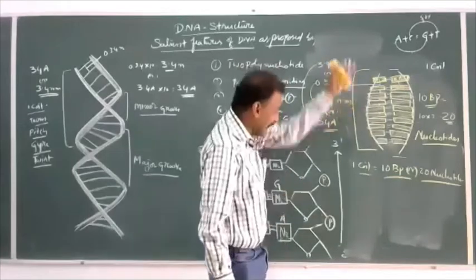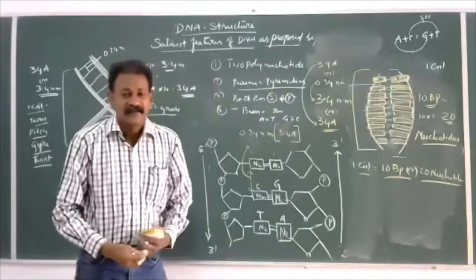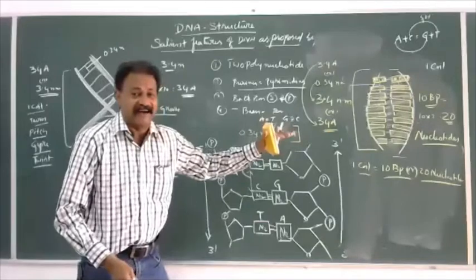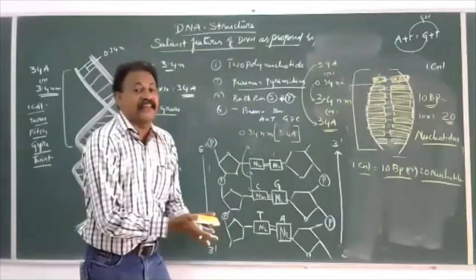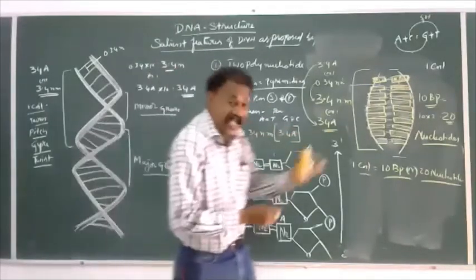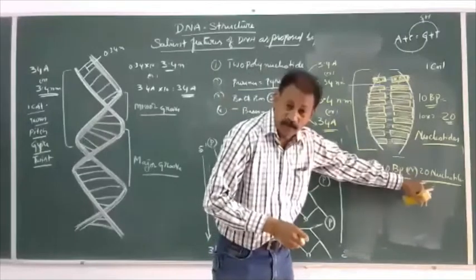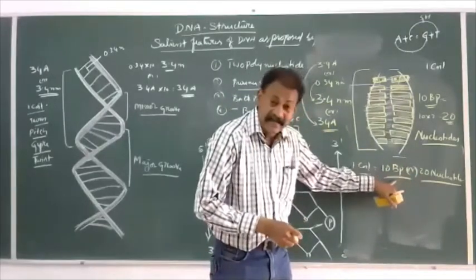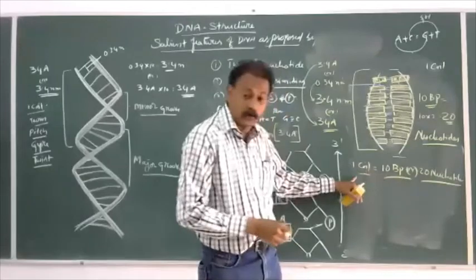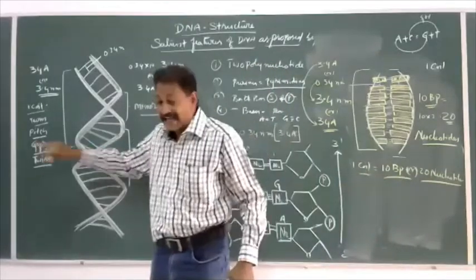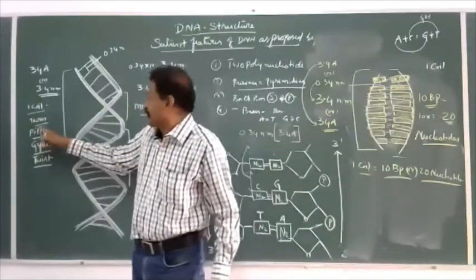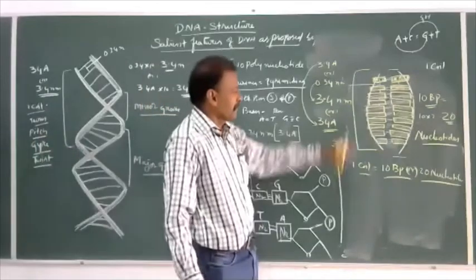So one complete turn of DNA has 20 nucleotides or 10 base pairs, which is equal to one turn or one gyre or one twist, pitch, coil, helix.